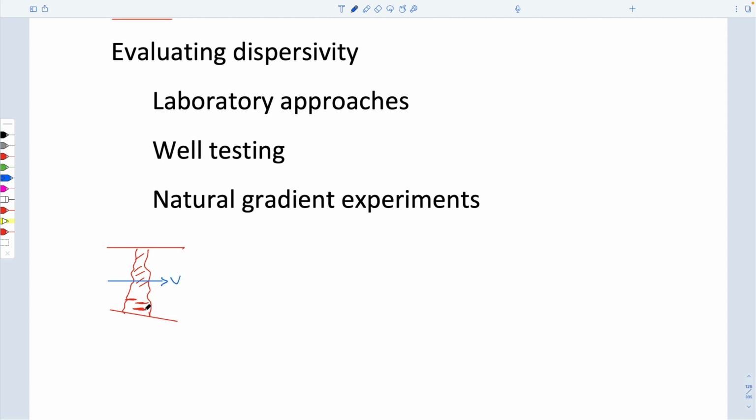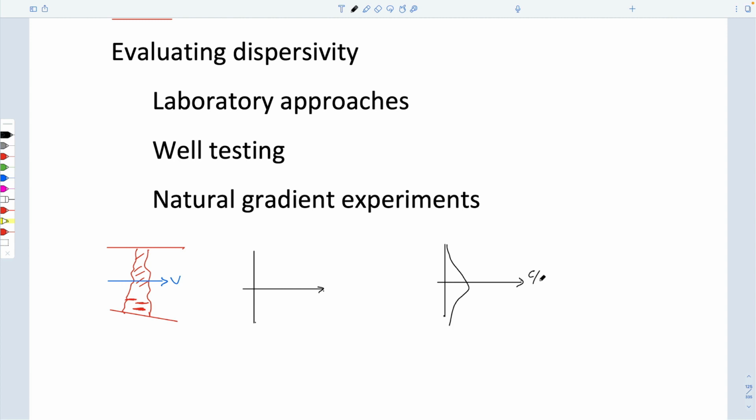And what we're attempting to do is to represent that process as it goes downstream. We said before that we're interested in diffusion and dispersion, and we treat dispersion like diffusion because it looks like diffusion.